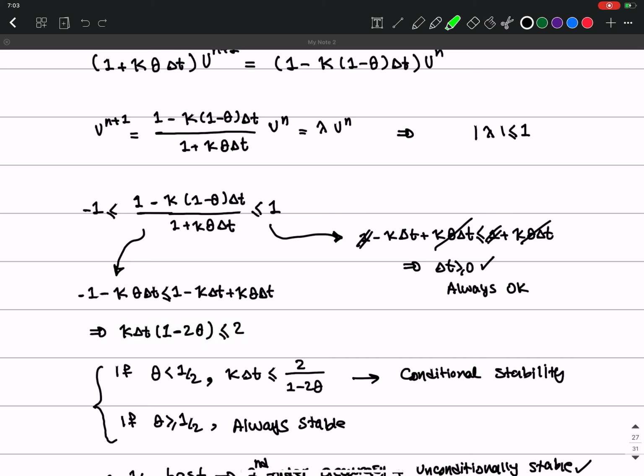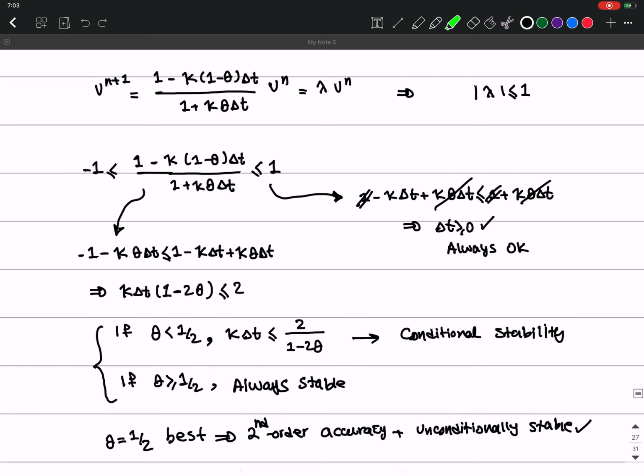And we found if theta is greater than 1/2, this always holds. And if theta is smaller than 1/2, then in order for this variable weighted method to hold, we need this condition to be valid.